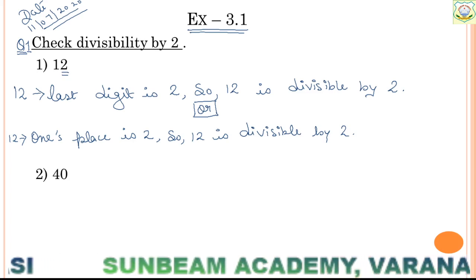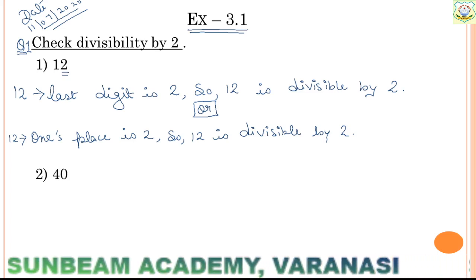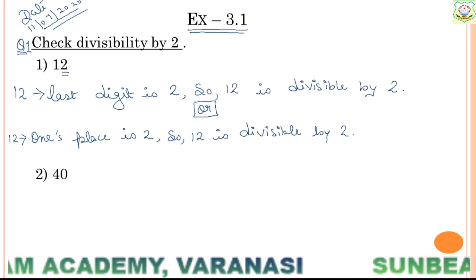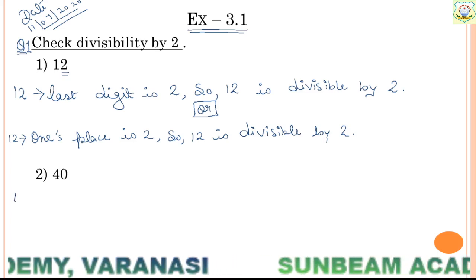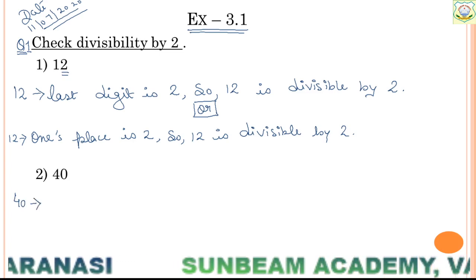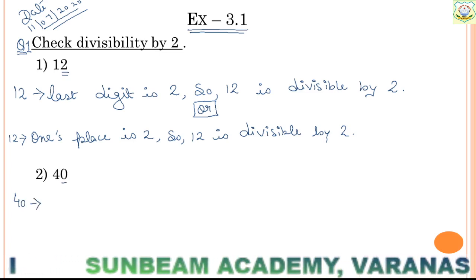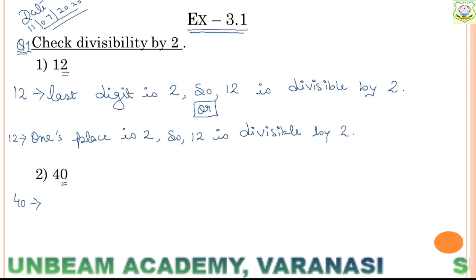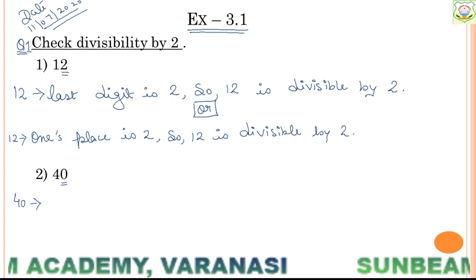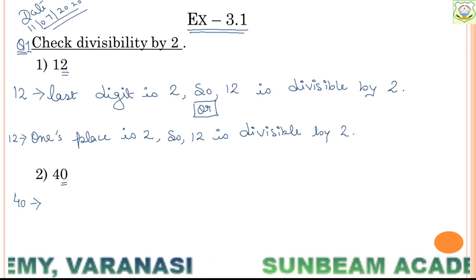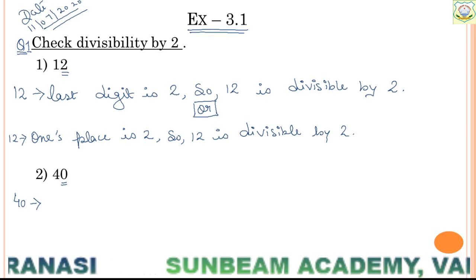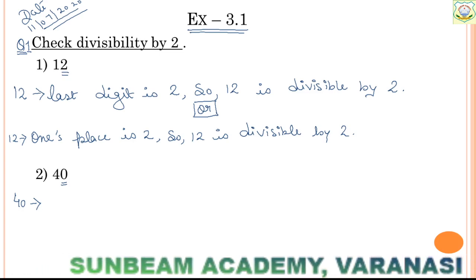Now let's proceed with question number 2, which is 40. First of all, we will write 40. Now see, the last digit or ones place is 0. So that means the number is divisible by 2. Let's write the answer.